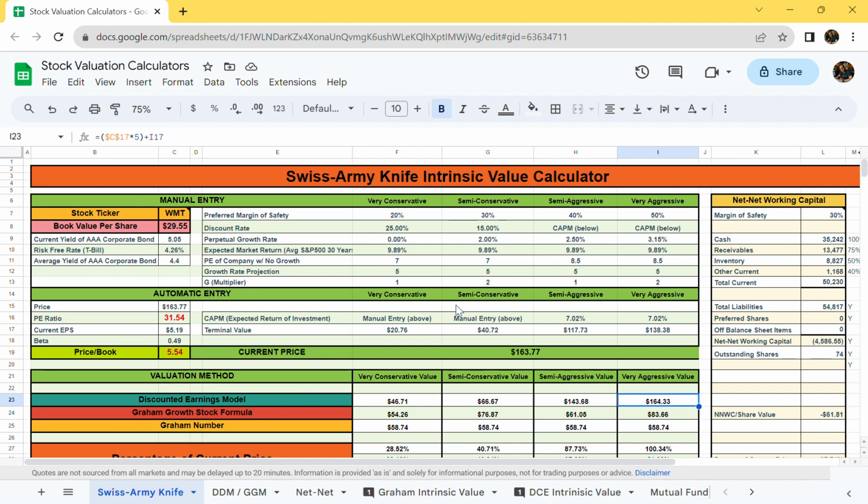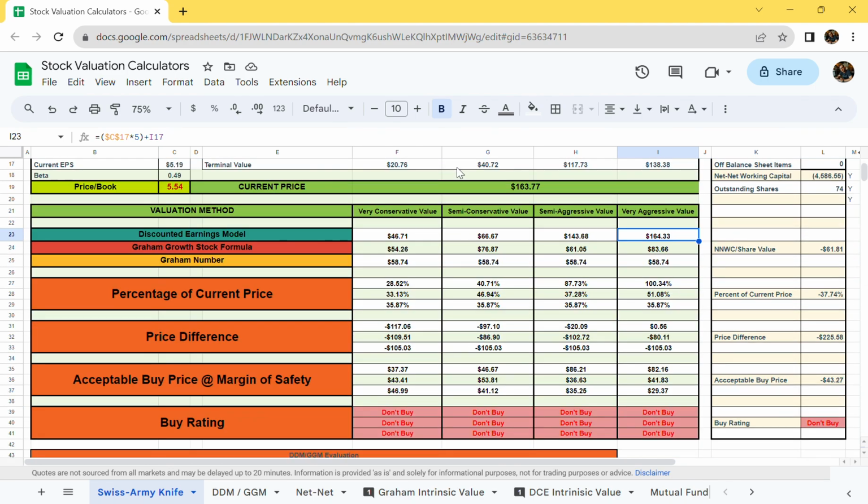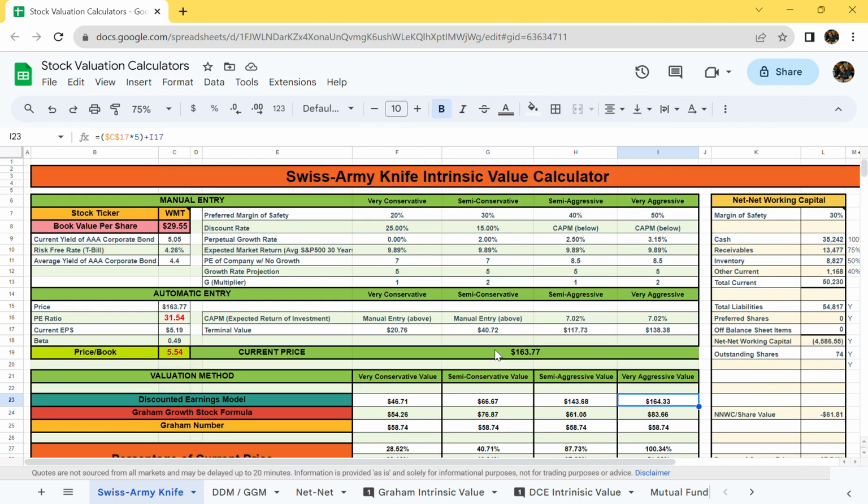So again, the caveat there is that I would not necessarily make all my buy and sell decisions based off a tool like this, but it's helpful as a screening tool, and for understanding some of the general metrics that affect whether something's worth buying.